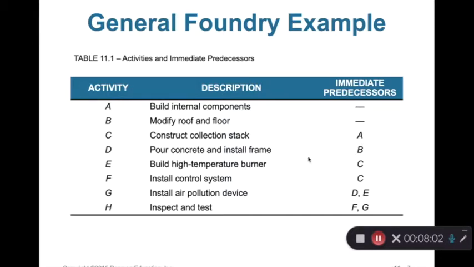So this is about immediate predecessors. Basically, we want to show the relationships among activities. Let's look at two more activities. Let's look at E. E is to build a high temperature burner.